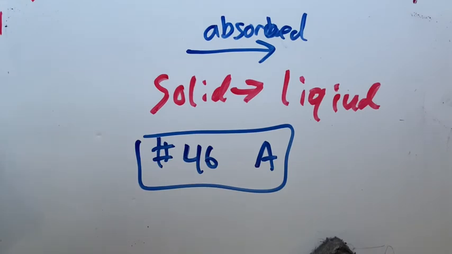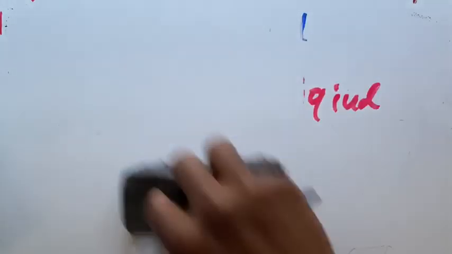47 says, steam burns are much more damaging than boiling water burns because A, it's gaseous, B, has a higher temperature, C, is hotter, or D, releases more thermal energy.